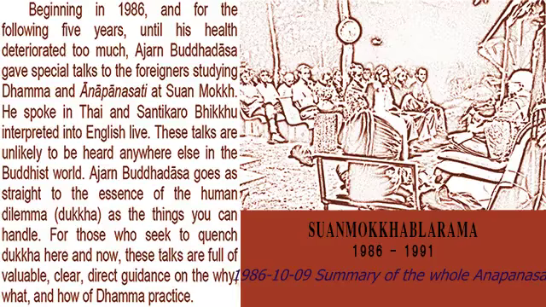So dependent origination is essentially the causal conditioning of dukkha. In practice, it all boils down, though, to just one thing, and that is at the moment of sense contact, or phassa. When the eye sees a form, there's the eye and, say, a tree, and then consciousness, vijnana, comes in.